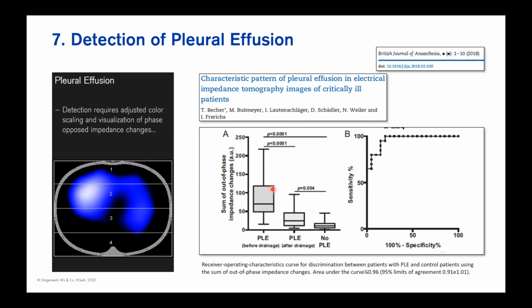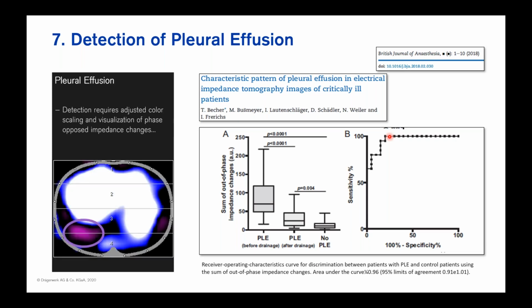And there you already can see that you have a statistically significant lower number of purple spots in the patients after drainage. However, compared to the control group, patients with confirmed absence of pleural effusion, the purple spots are still much higher. The authors of the study found that this characteristic pattern results in an extremely high sensitivity and specificity in patients with pleural effusion compared to the control group.